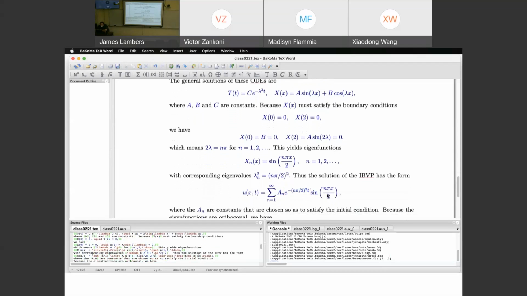So another way to think of it is whatever is multiplying the x. So here in your spatial solutions, it's sine or cosine of some constant times x. That constant, or really minus that constant squared, is what goes in here.